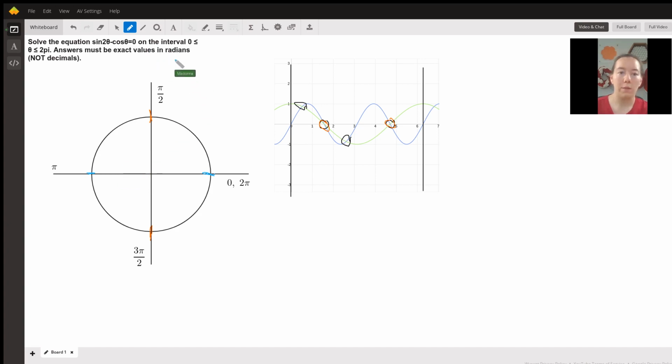So we can say from that, when our function cosine of theta first equals 0, that's going to be at pi over 2. And we can check and see that sine of twice pi over 2, at pi, sine is equal to 0. So our first answer is pi over 2.